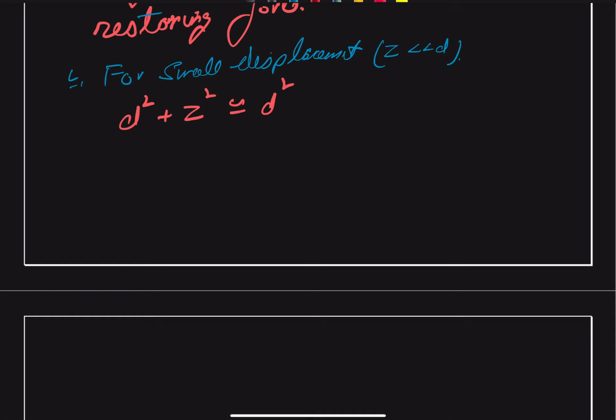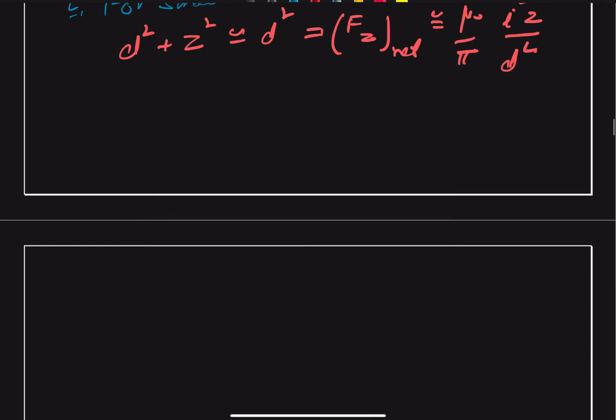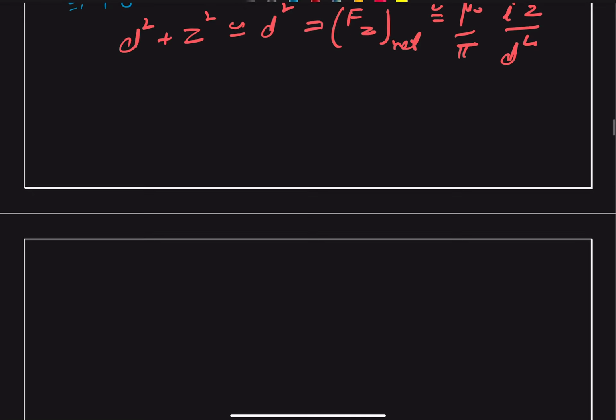This gives us that our Fz net will be approximately mu naught upon pi times I square z upon d square. And as it is restoring, we can write that our Fz net will be minus mu naught I square upon pi d square multiplied by z.